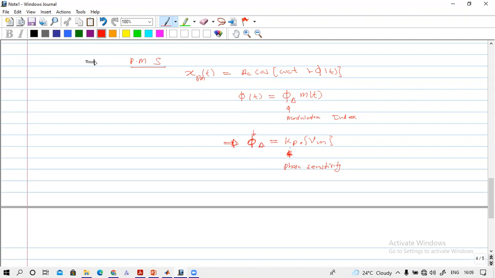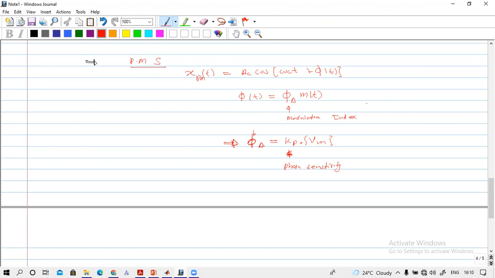It is not in your lecture note, but I think it is worth remembering. So this is another new parameter, the phase sensitivity. Let's see when we do our example what the use of this is.